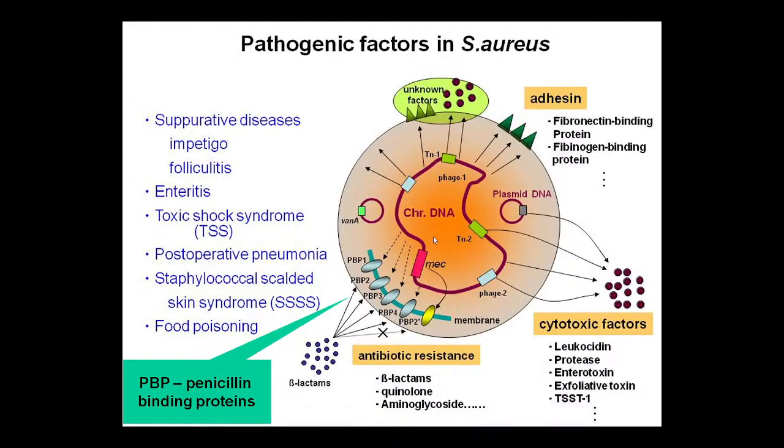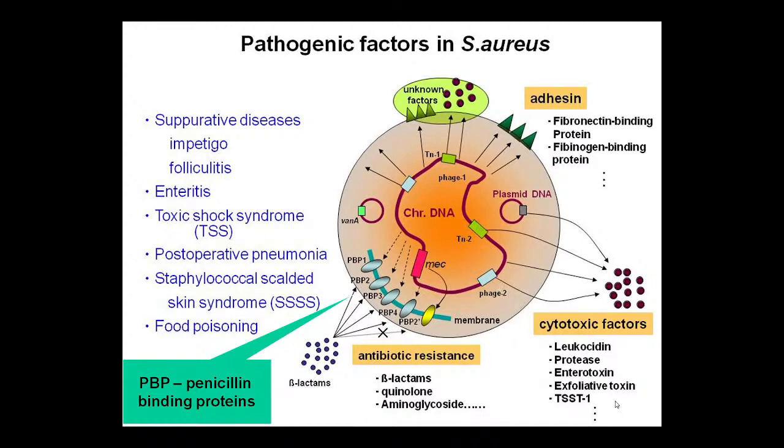So we can see here that some cytotoxic factors, these are the factors that will be secreted to outside the cell, the bacterial cell, right? The production of these factors is regulated by the plasmid DNA, or it is encoded by transposons on bacteriophages.